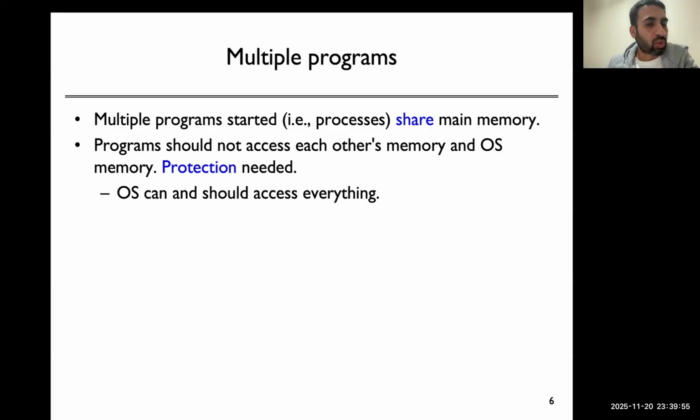The operating system is going to save all that information in the process control block, which means the operating system needs to have the permission to access the memory allocated to the user processes. Otherwise, it cannot perform the context switching.